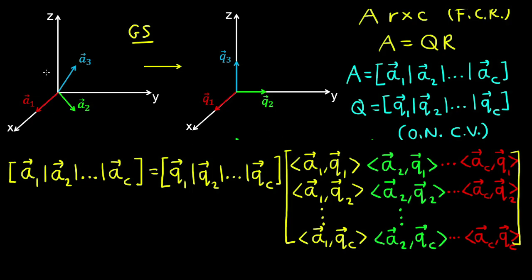If you continue the Gram-Schmidt process, you can see that A1 is orthogonal to Q2 and Q3, and if you had more basis vectors, this will continue up to QC. So the inner product between A1 and Q2, A1 and Q3, and A1 and QC is 0. These entries are all 0, and we don't need to compute them.